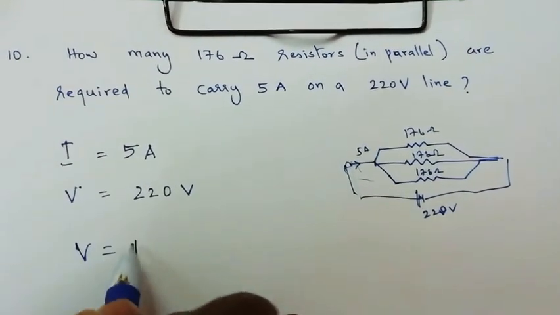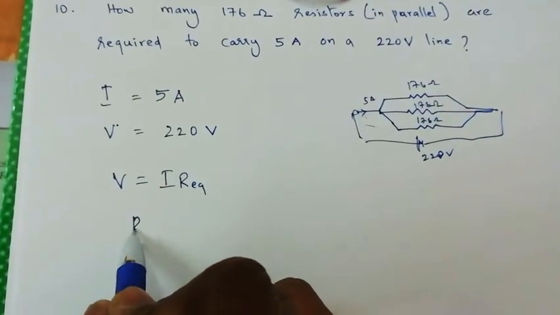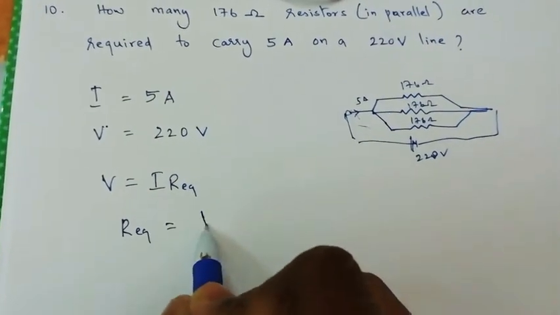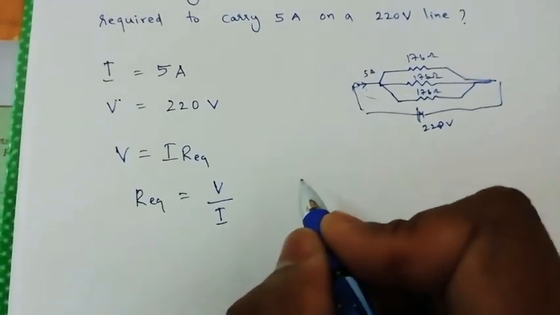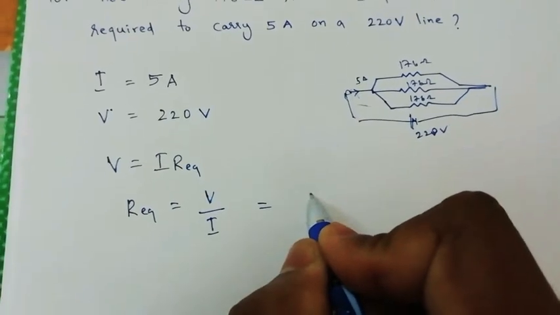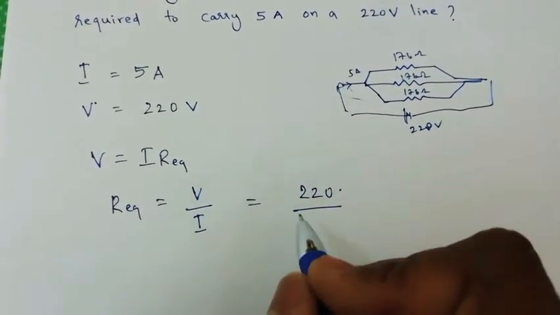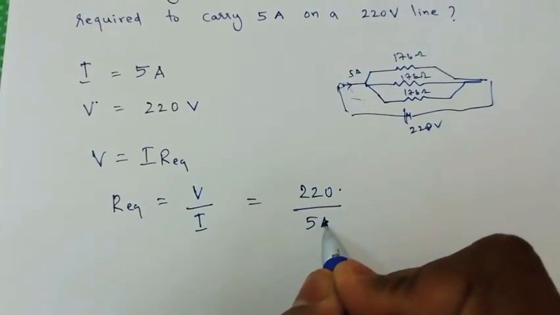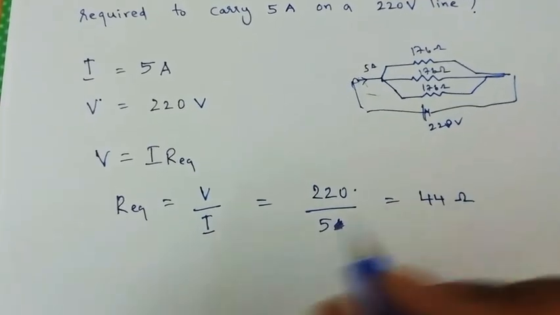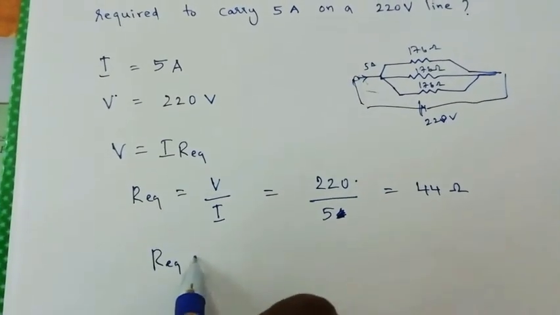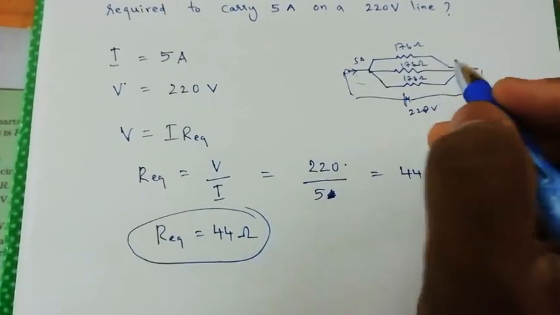So V is equal to I R equivalent. If I want to find the equivalent resistance, we can rearrange the formula like this: V by I. So it can be written as 220 volt divided by 5 amp, right? So we get 44 ohm. This is the equivalent resistance of the complete circuit.